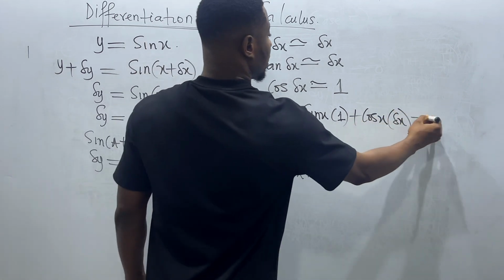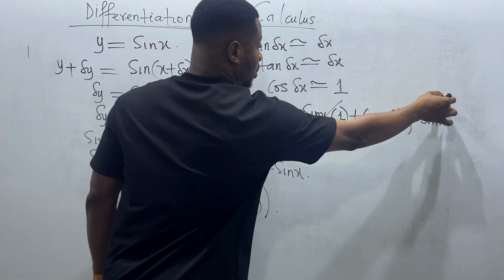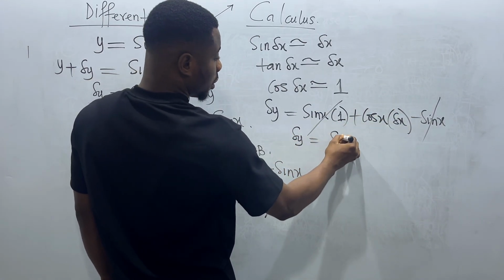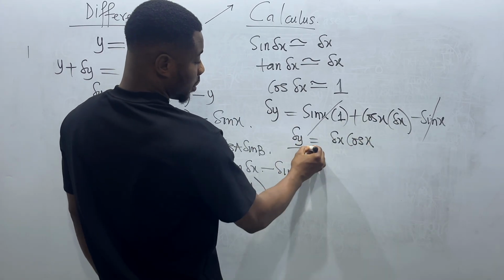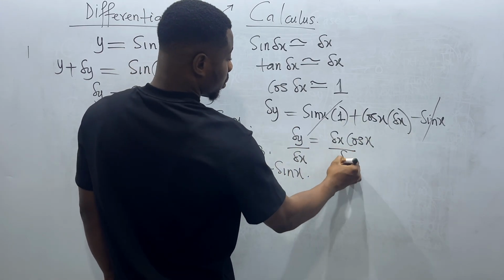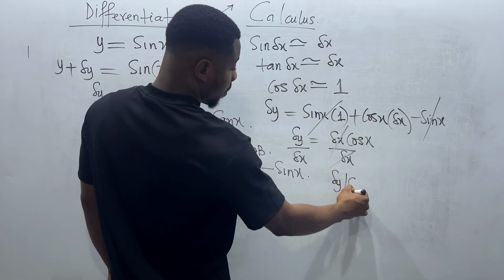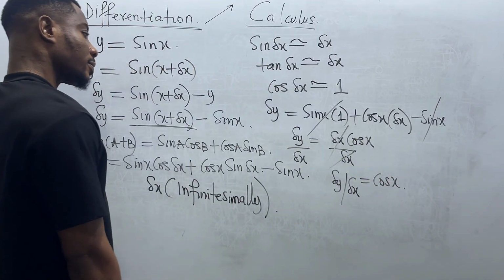We're left with minus sine x. At this point, these two can go out. So change in y is equal to change in x cos x. Now divide both sides by change in x, so these two can go out. So I have that change in y over change in x is equal to cos x.